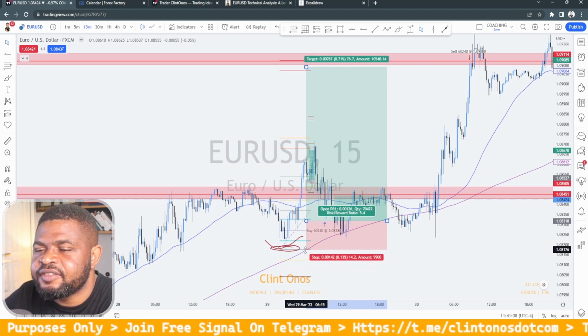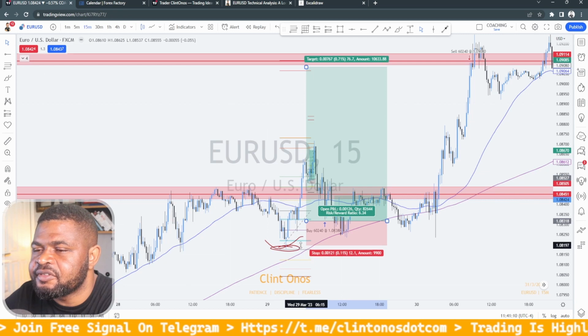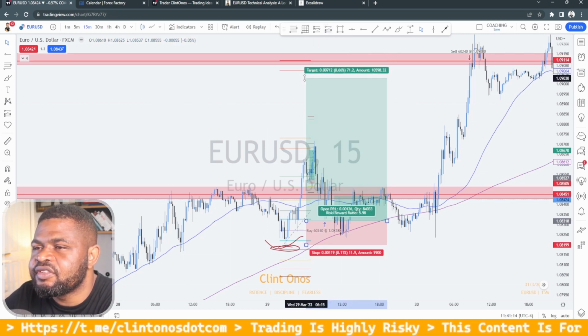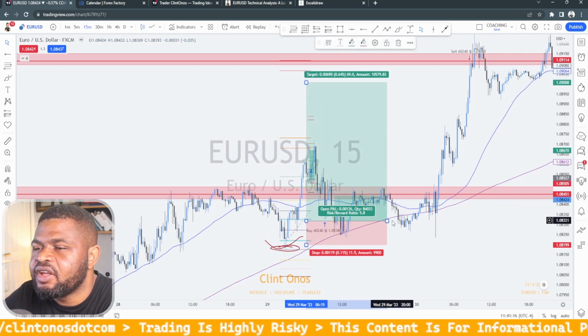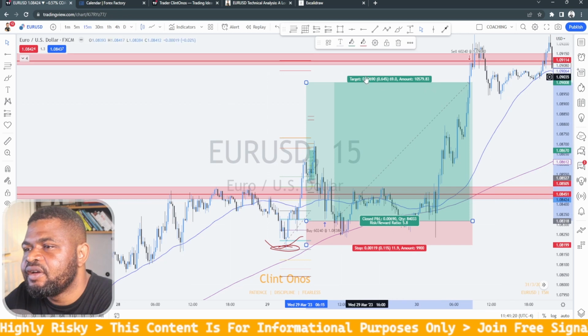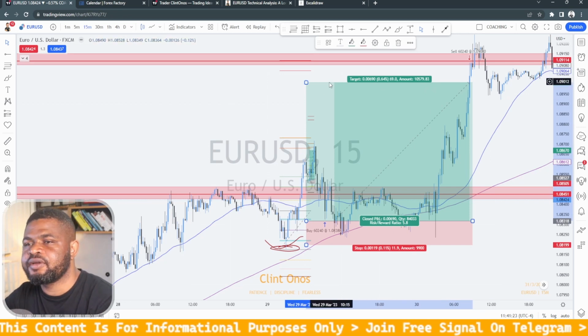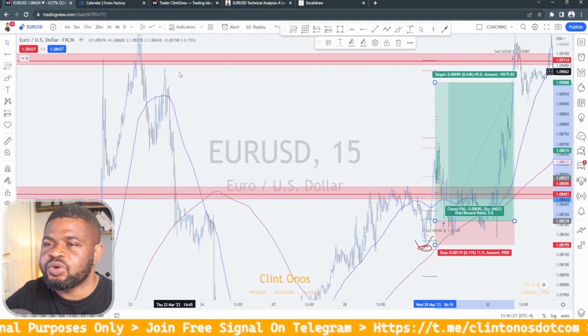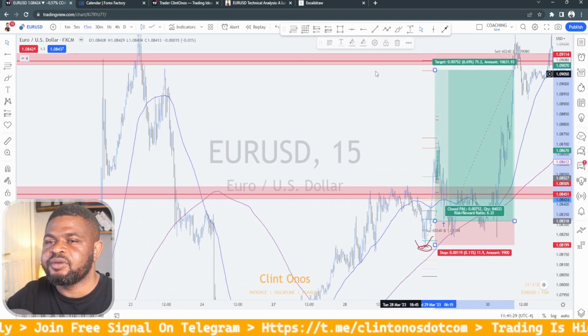My stop loss wasn't on this low, but somewhere around here. So probably my target was here, and it's right there. Okay, on this bar. I guess on the high. I wasn't sure, but I know it's somewhere around there.